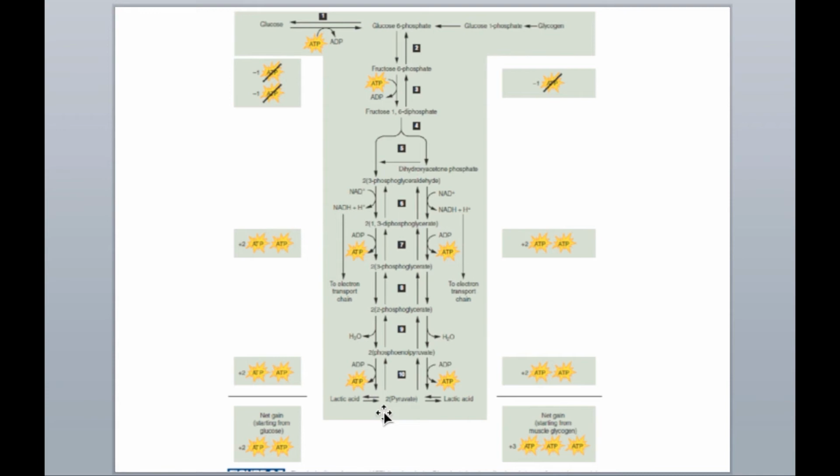In the presence of oxygen, and generally this is going to be in type 1 muscle fibers, the fibers that are more aerobic in nature, they tend to have an isoform, or a certain form, of the enzyme that's necessary in this step for pyruvate to lactate. It is known as lactate dehydrogenase.